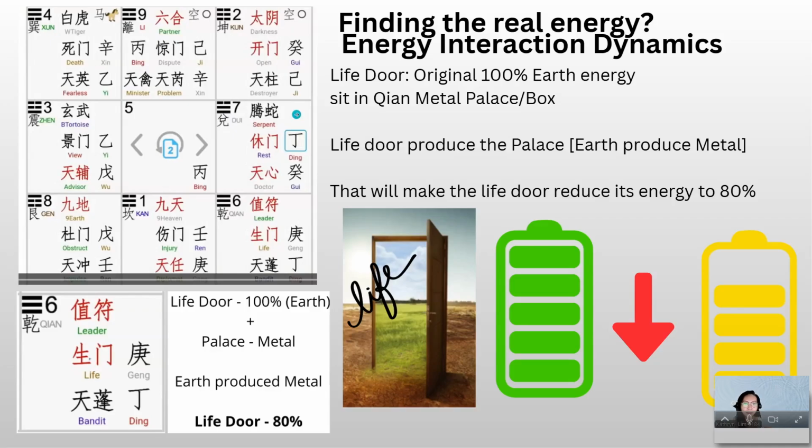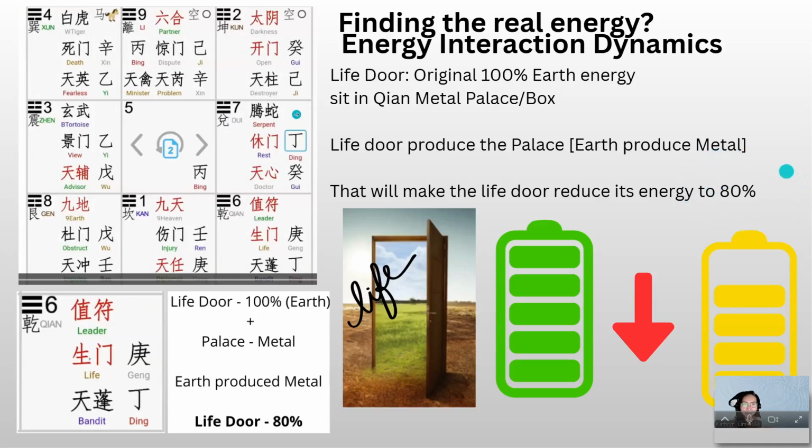So what happens when this situation happens? That will make the Life Door reduce. When producing out, the energy will be reduced, and the producing party will be depleted by about 20% of energy. So that makes the Life Door now 80%.